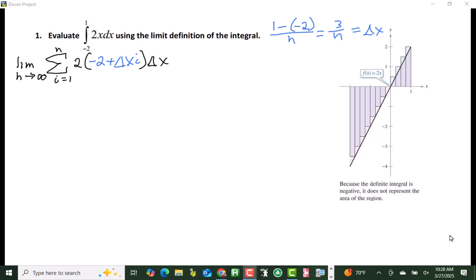Okay. And then my delta x in black is the width again of each rectangle. So then we make it a little more specific in the problem, as it were. And so on the inside, notice delta x is being replaced by 3 over n, which is what delta x is for this problem.